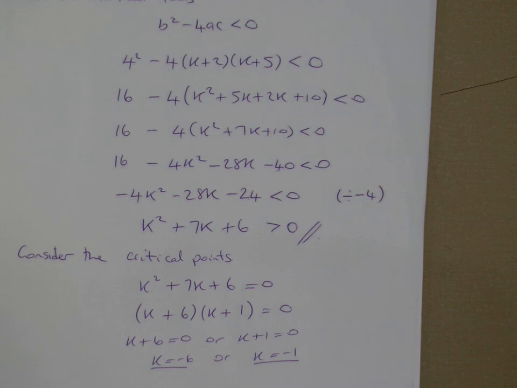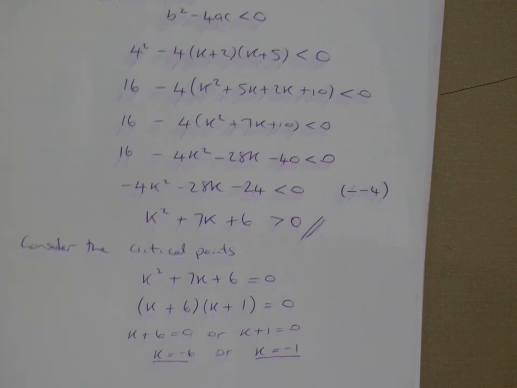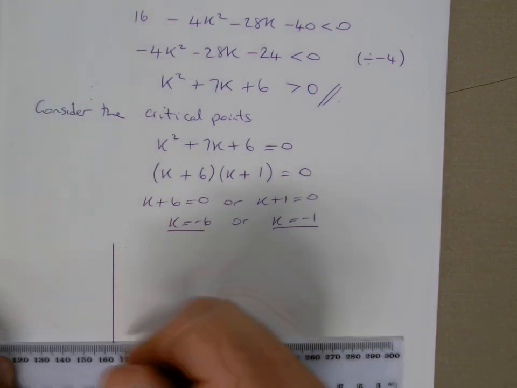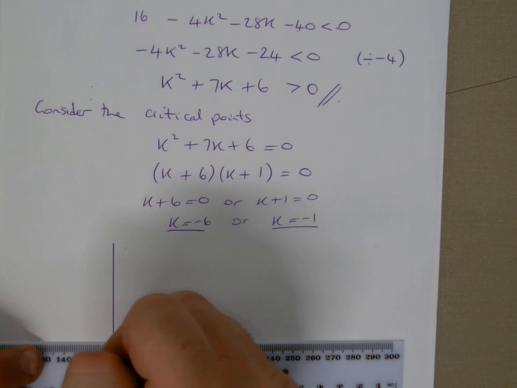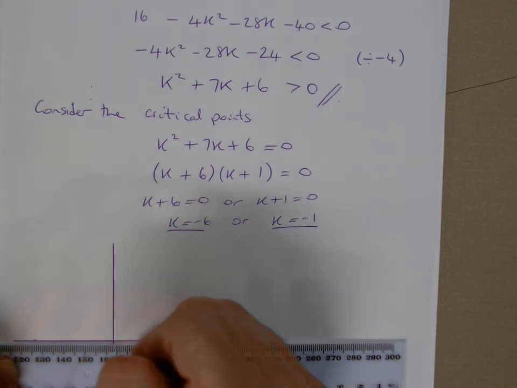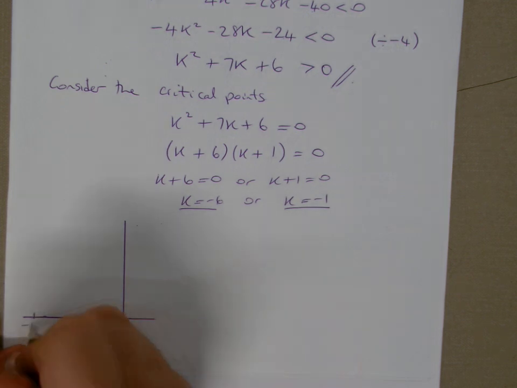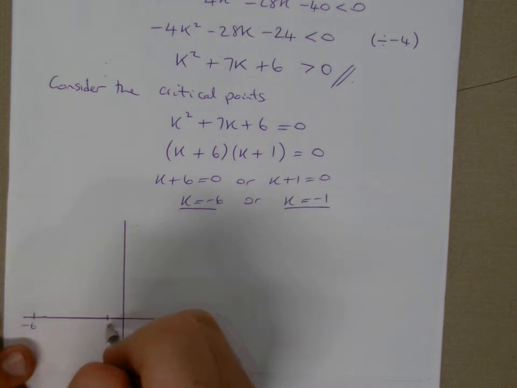All right. Now that's where the quadratic is equal to 0. But of course, we're not interested when it's equal to 0, we're interested when the quadratic is greater than 0. So let's identify where it's equal to 0, minus 6 and minus 1.